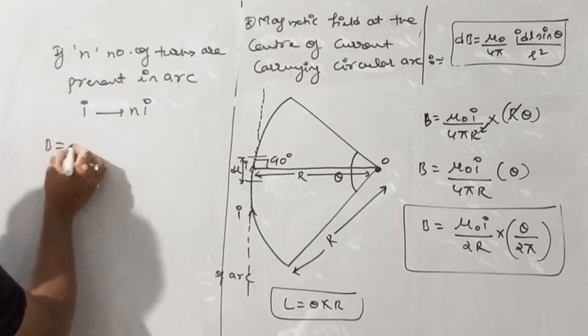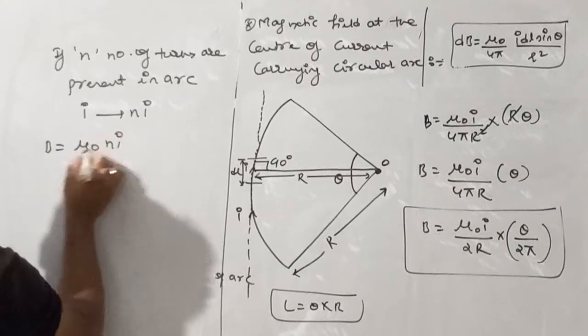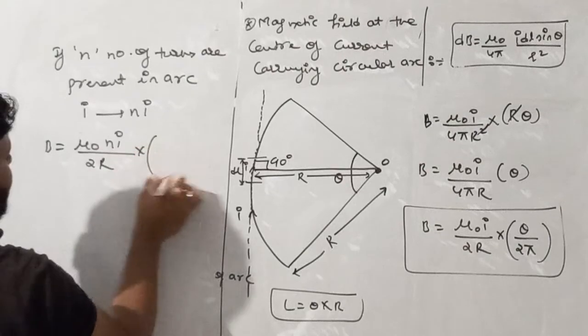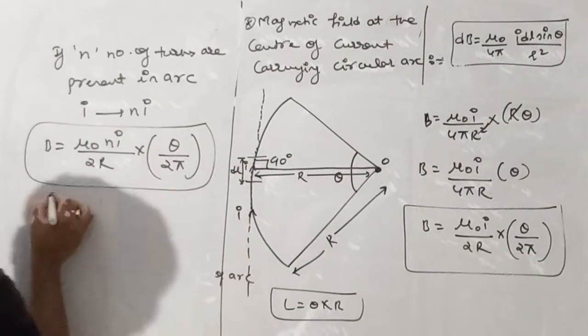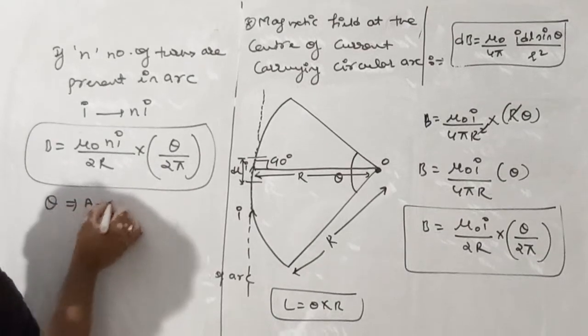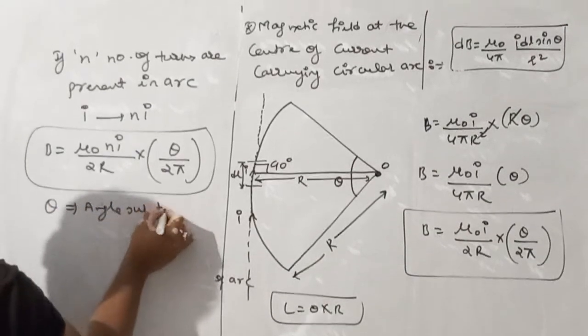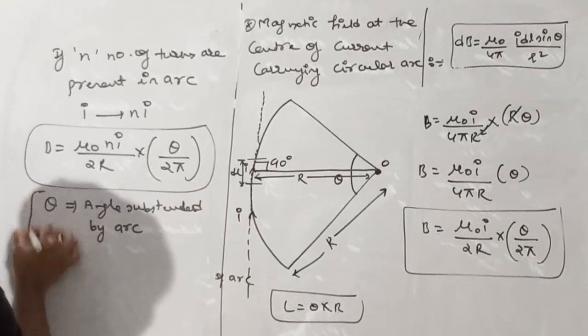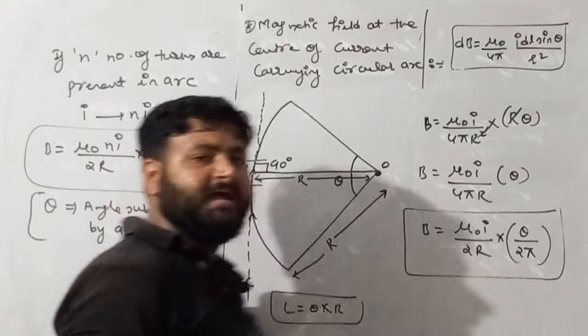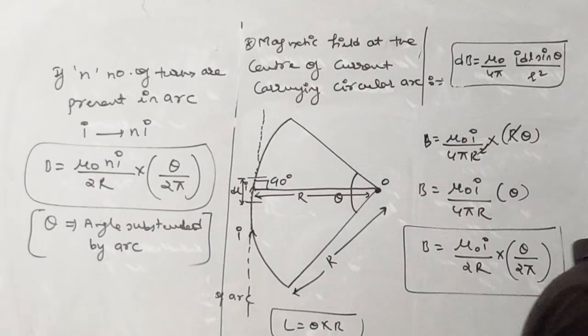So we'll write B is equal to mu naught NI by 2r into theta by 2 pi. Remember, this theta is nothing but the angle subtended by the arc.